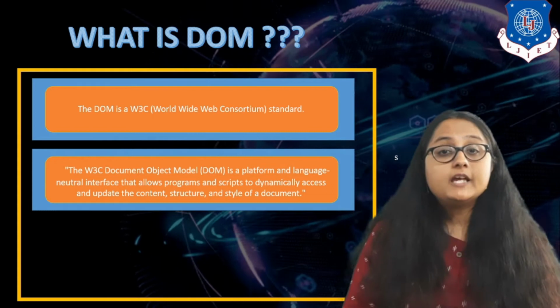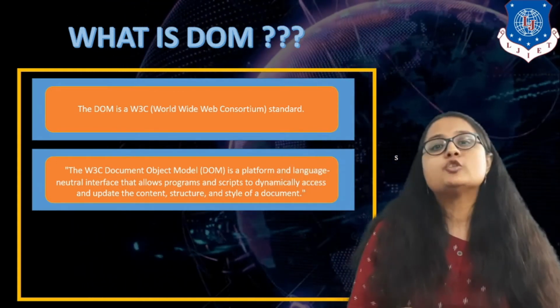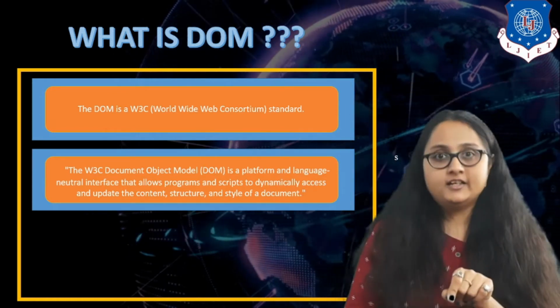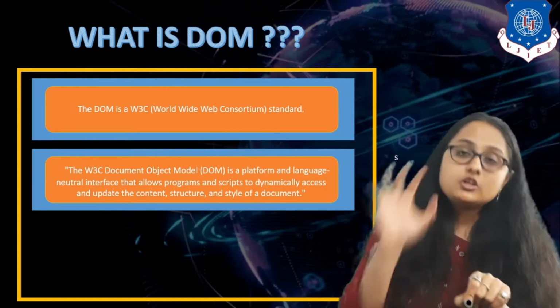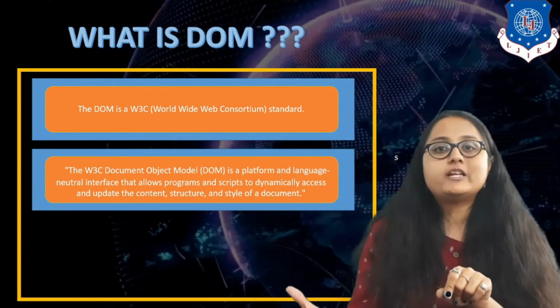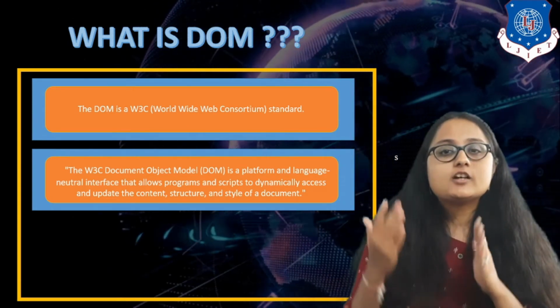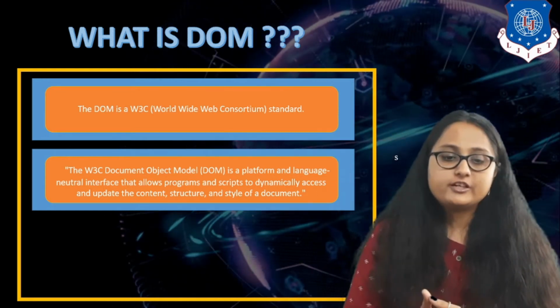But what if you want the user to click a button and then you want the style to be changed? Now this is some sort of event rendering. If on this event you want to change the style of a particular HTML element, what will you do? You will access it from your script language using document object modeling.